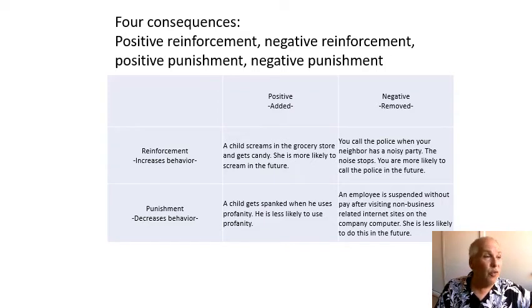So let's look at the four combinations. You can have positive reinforcement. Following a behavior, you get something and it makes that behavior more likely. So a lot of us, or all of us, have probably seen a child screaming in the checkout line of a grocery store, and the parent, to quiet the child down, gives him or her candy.